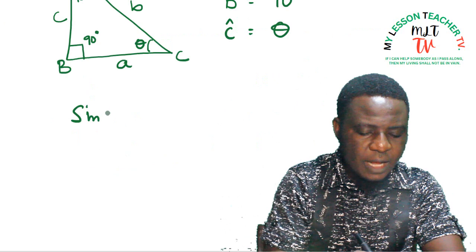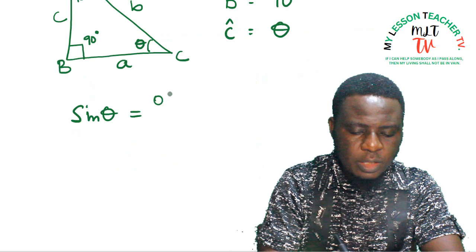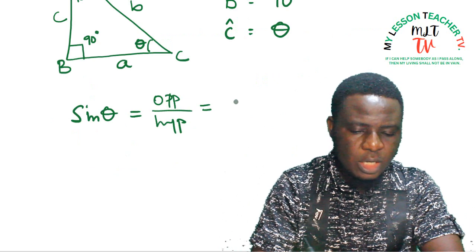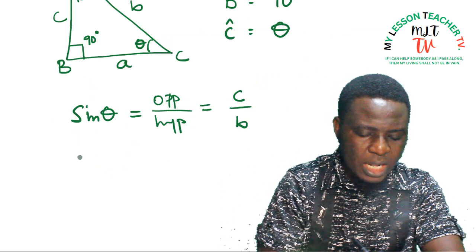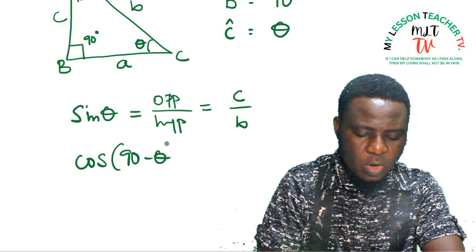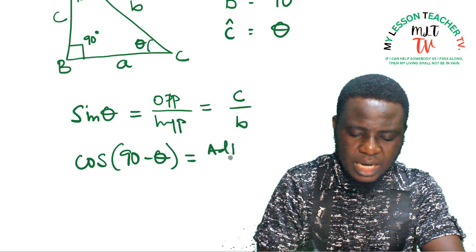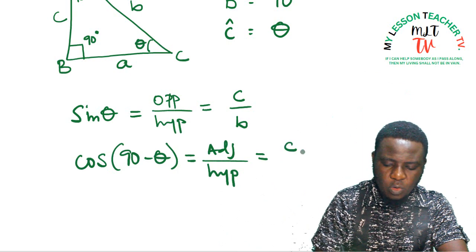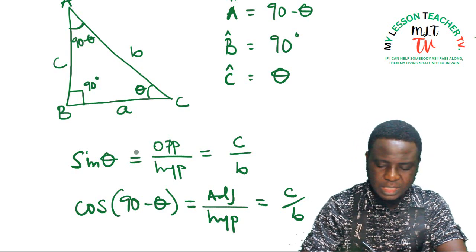The sine theta, which we said at the previous class to be the ratio of the opposite side to the hypotenuse side, can be expressed as C over B. Also, if you look at cos 90 minus theta, which is the ratio of the adjacent side over the hypotenuse side, it is equal to C over B with respect to angle 90 minus theta.